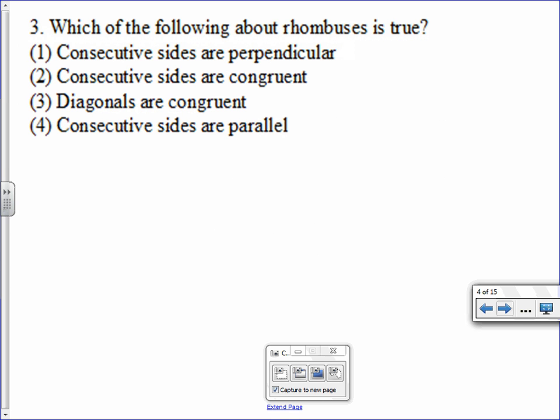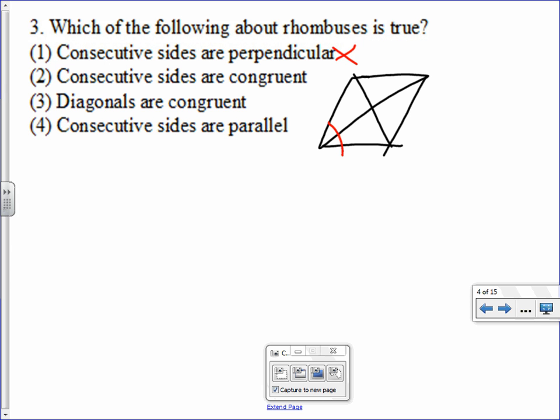Number 3, which of the following about rhombuses is true? I don't know, so I'm going to draw a rhombus with the diagonals. Are the consecutive sides perpendicular? Is that a right angle? No. Consecutive sides are congruent? Yep. Diagonals are congruent? Nope.